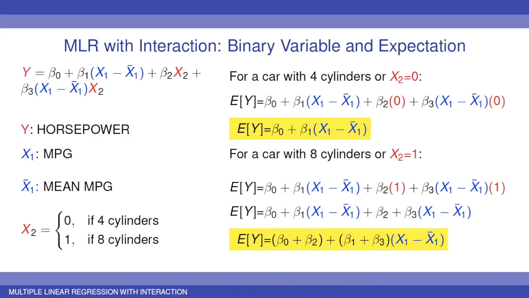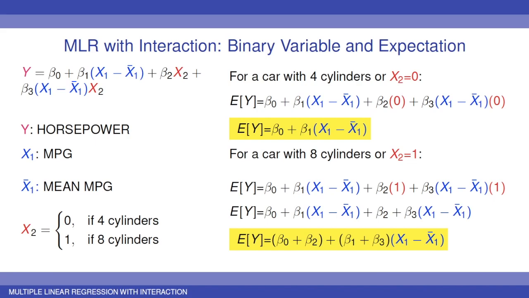This slide may look intimidating, but it is exactly the same thing we've done previously. The equation is only a little bit longer in this case because of the interaction term. Just like before, we calculate the expected horsepower given that x2 is equal to 0, or conditional on a car having 4 cylinders.